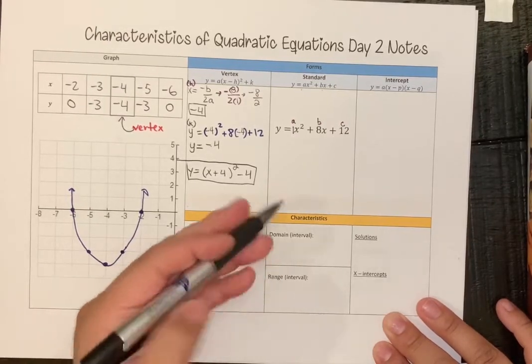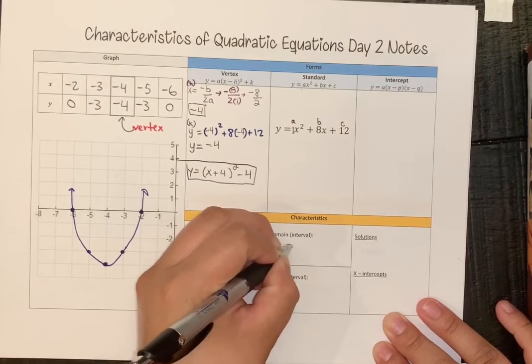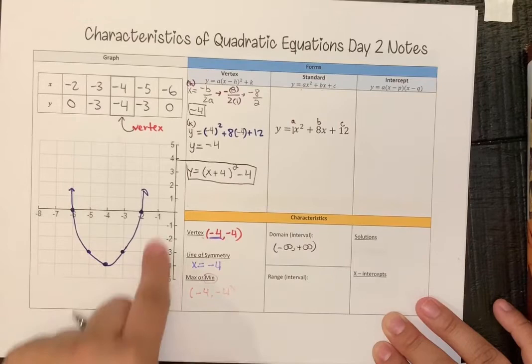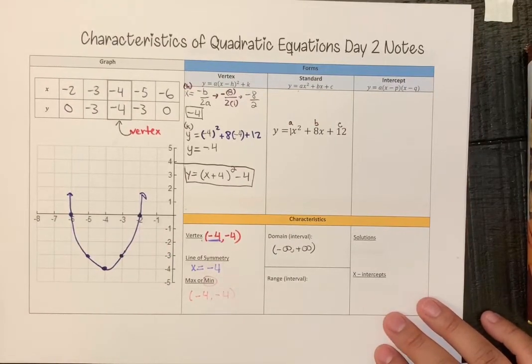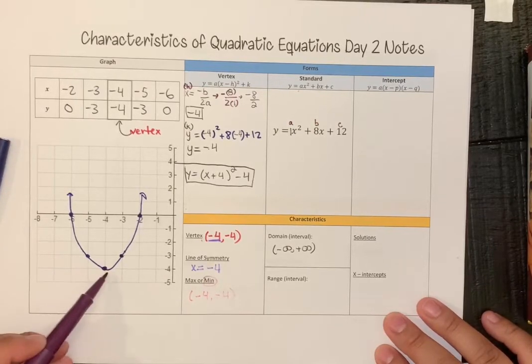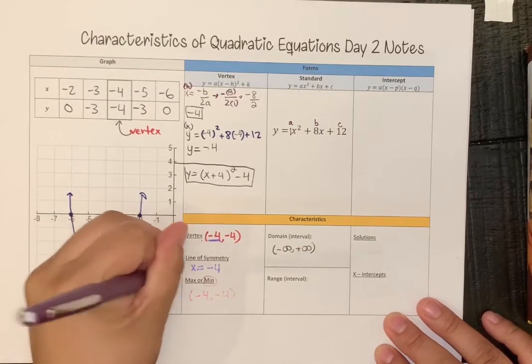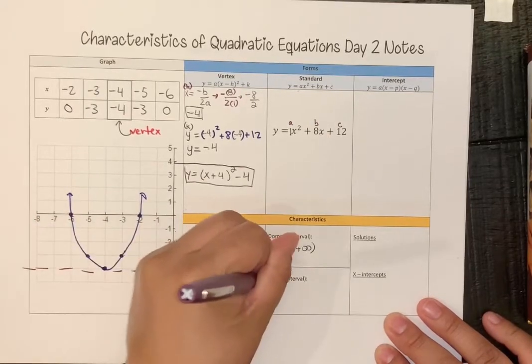Our domain is always all real numbers, or from negative infinity to positive infinity. That will never change unless we talk about a word problem. And our range is always with our min or max. So if you guys see here, in terms of range, it's our y values.